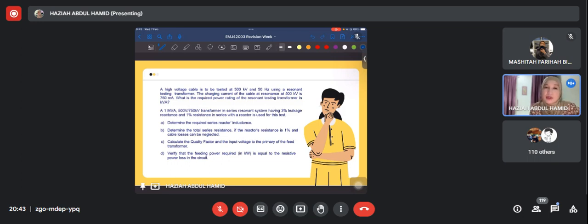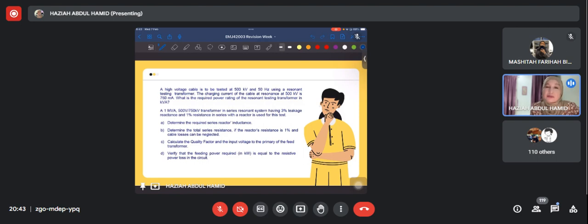So what is the required power rating of the resonant testing transformer, basically the testing transformer in kVA? Okay, so this is the first question. Dia tanya the power rating. The question asks you to calculate the power rating of the testing transformer, given the condition above lah.